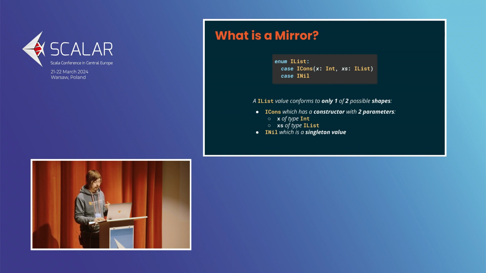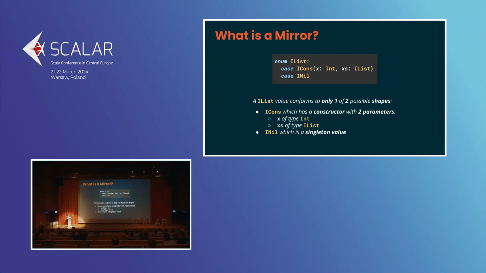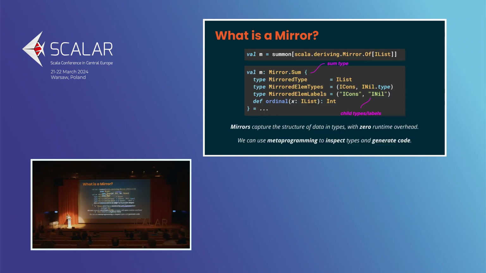And the point that I rigidly laid out these bullet points is because that's exactly what the mirror tells you. So if you get a mirror for IList by summoning scala.deriving.Mirror.Of[IList], you're going to get a value which includes some of these member types. You see that the mirror type is IList, and it has some element types, and these mean the cases of the IList enum.